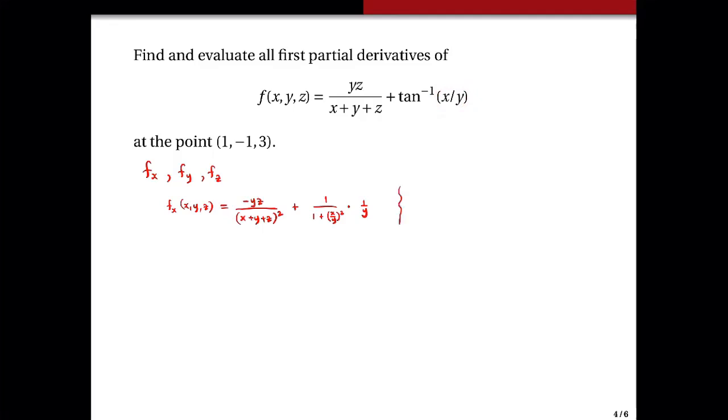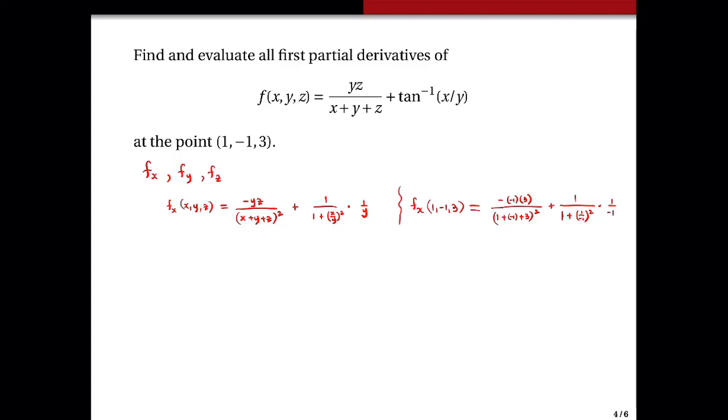Now, f sub x evaluated at (1, -1, 3). This will be equal to negative of -1 times 3 divided by 1 plus -1 plus 3 quantity squared, plus 1 over 1 plus (1 over negative 1) squared, times 1 over negative 1.